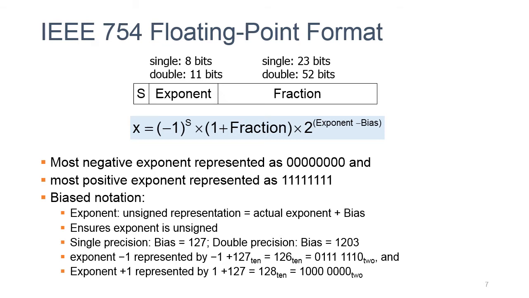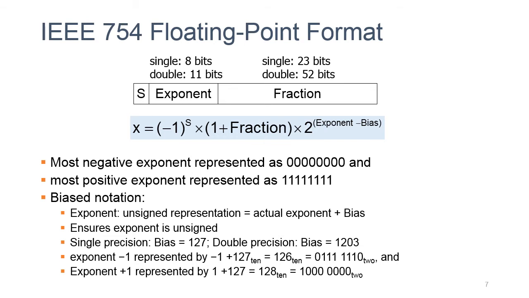And the formula below, x = (-1)^S × (1 + fraction) × 2^(exponent - bias), is used for converting an IEEE 754 floating point number into a normal floating point number.